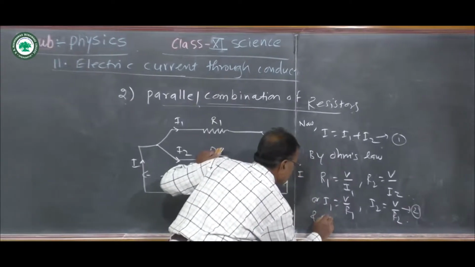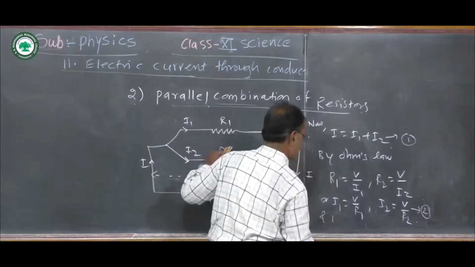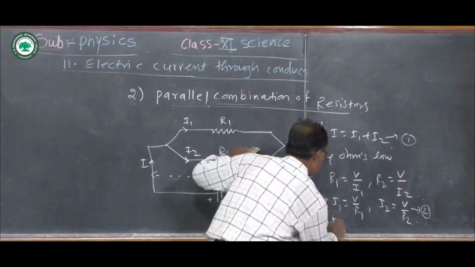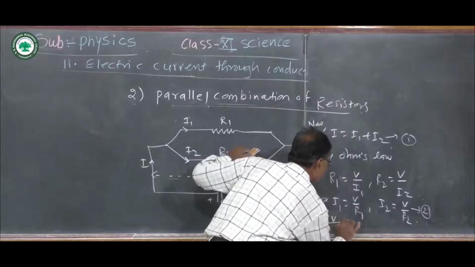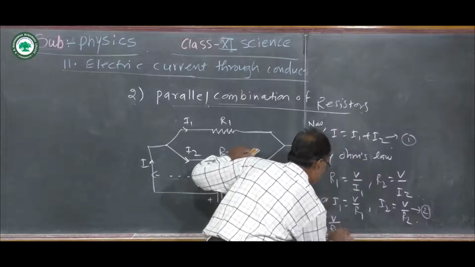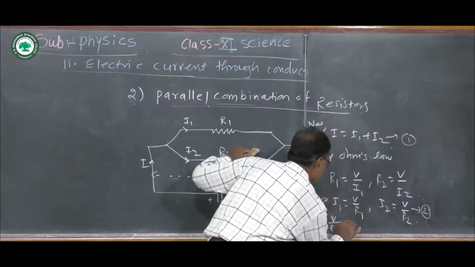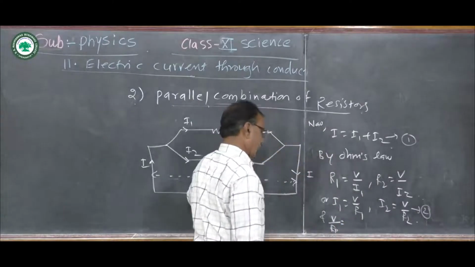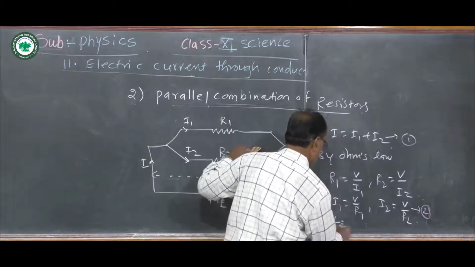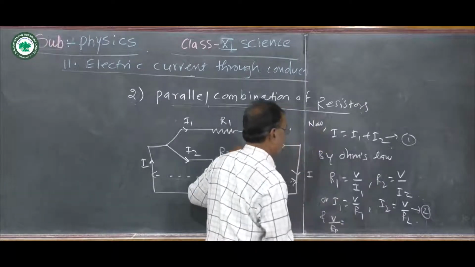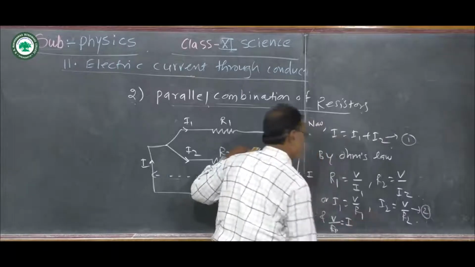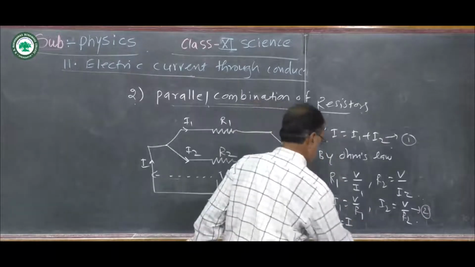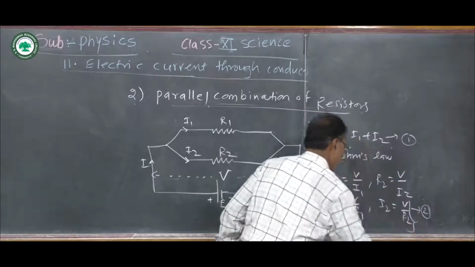And here V upon Rp, where Rp is the equivalent resistance of the parallel combination, V upon Rp is equal to the current I. Now this is equation number 2.